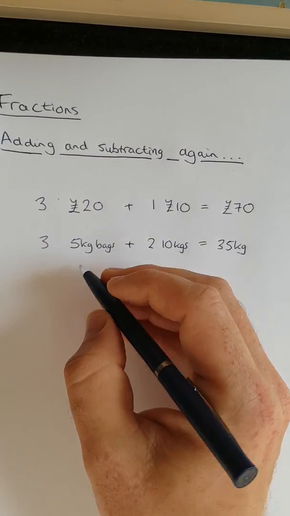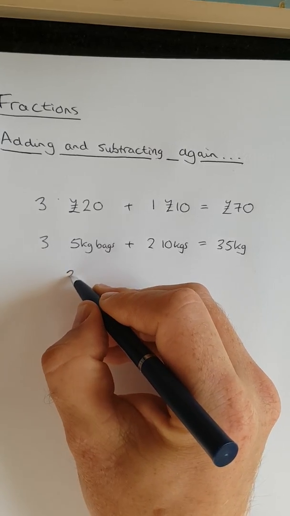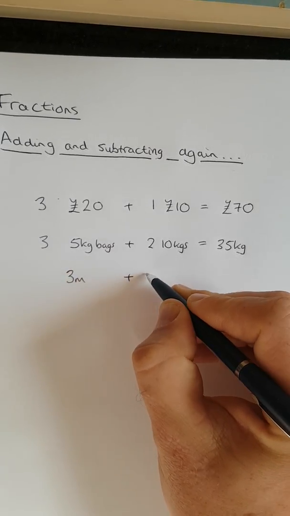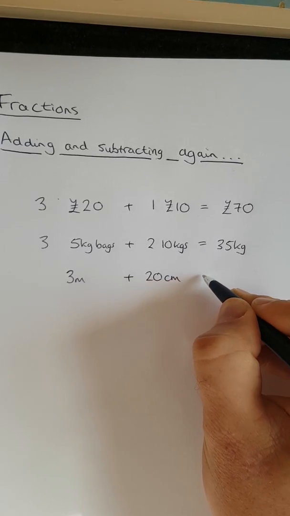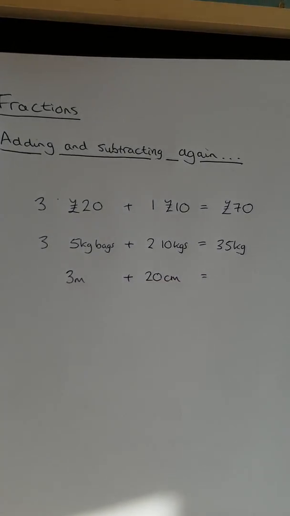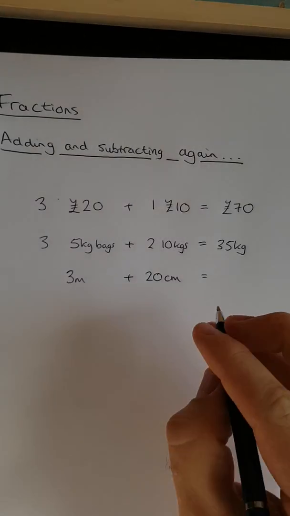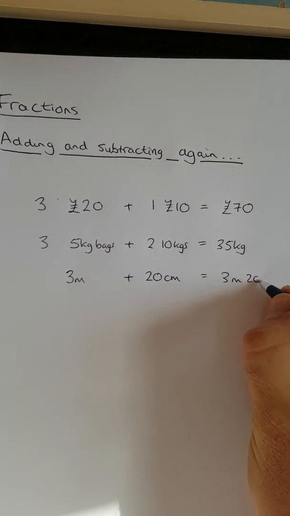What do we do in a situation where we have 3 meters and 20 centimeters to add together? Well, the difficult part is they're in different units. So we could say we have 3 meters 20 centimeters.